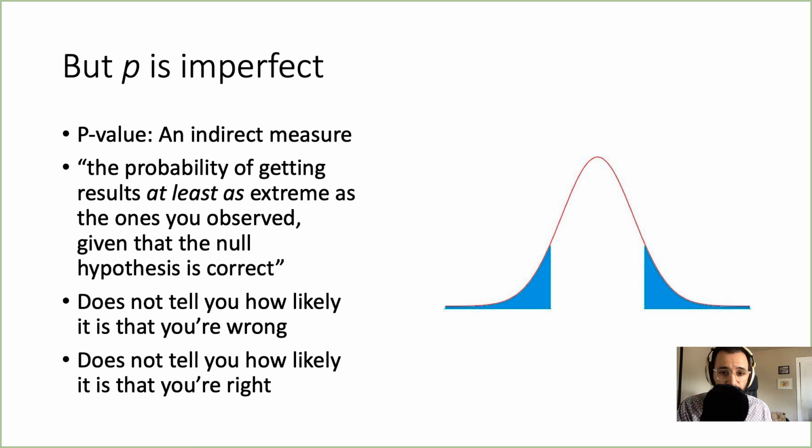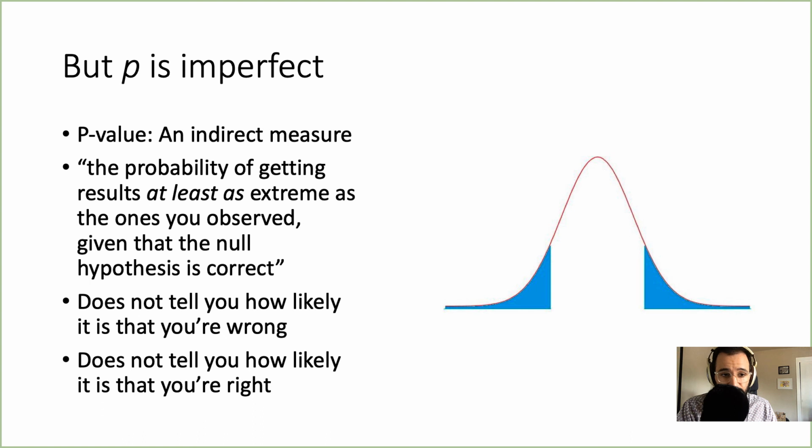And I have the graph on the slide here to show the idea that we're talking, again, about results at least as extreme as the ones you observe. So we're talking about these whole shaded blue areas, if this is our alpha level, these two spots here in a two-tailed test. Anything out here and anything out here all fit within the realm of any given two-tailed p-value.